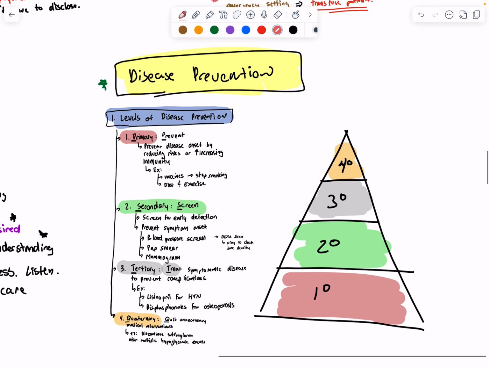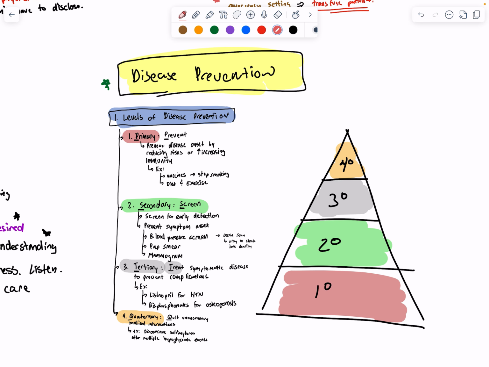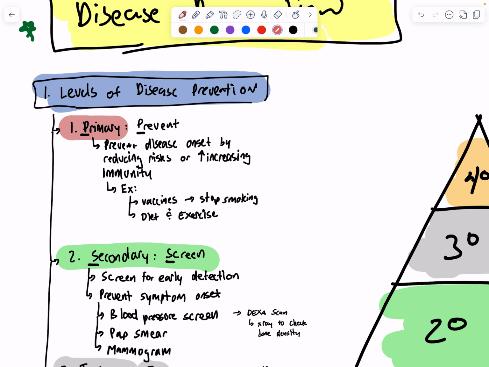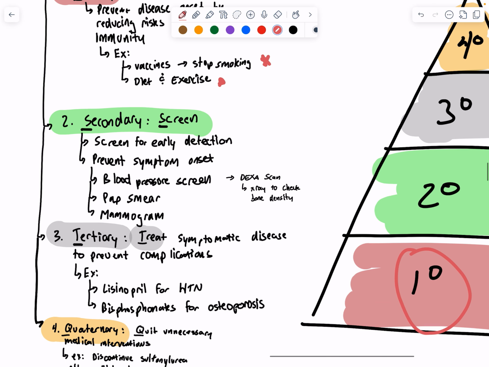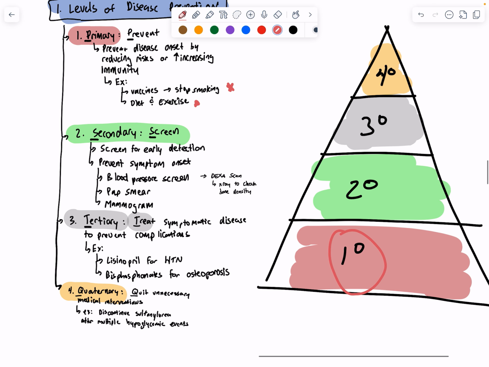All right, disease prevention is the next topic. So we have different levels of disease prevention. The first is primary, and this is just preventing disease by reducing risks or increasing immunity. So primary prevention: give vaccines, stop smoking, do dieting, exercise to lose weight, maintain cardiovascular fitness.